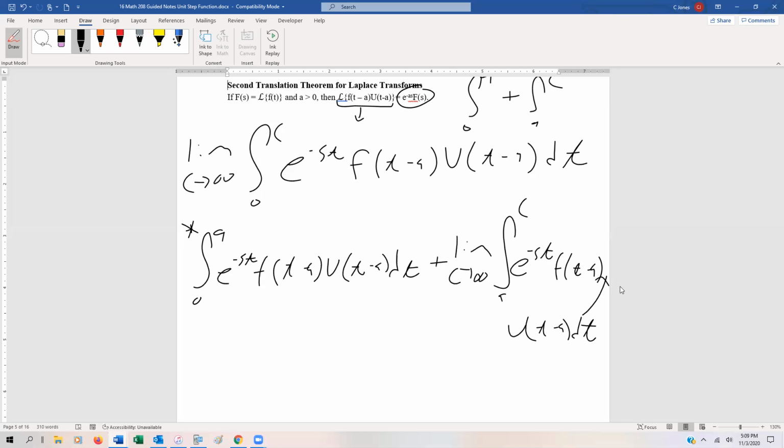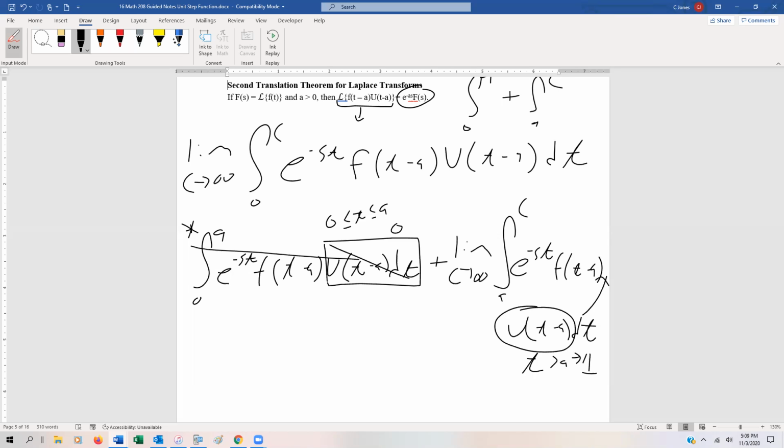All right, so now why bother with that? Well, you might remember two things about the unit step function. Anytime the value of t ranges from 0 to a, this just goes to 0. You might also remember that anytime the value of t is greater than a, the value of the unit step function is 1.